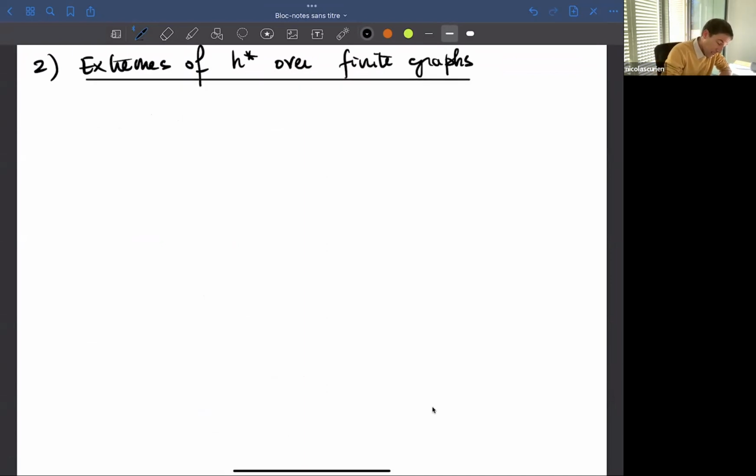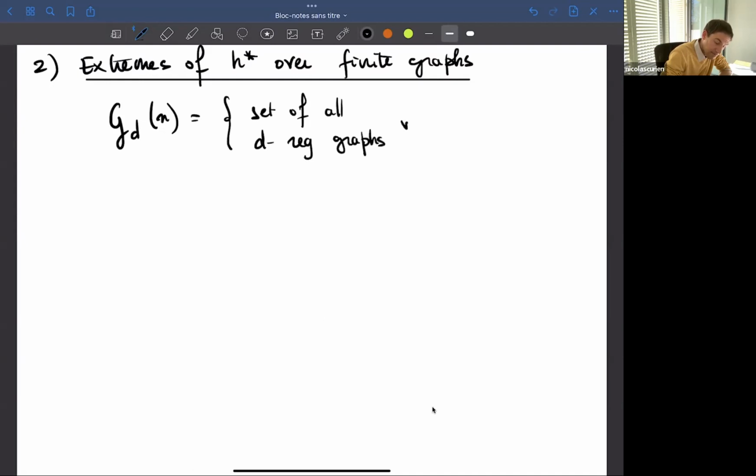Okay, so I will be denoting G_D(n) the set of all D regular graphs with size n. So n vertices, and all vertices have degree D. They are finite, they are connected, and no multiple edges and no loops, just to simplify.